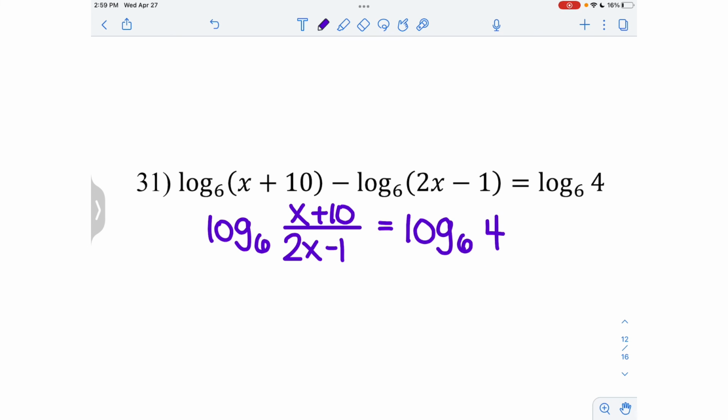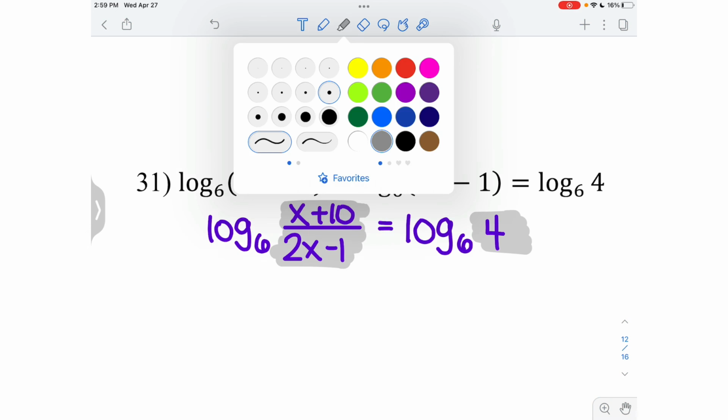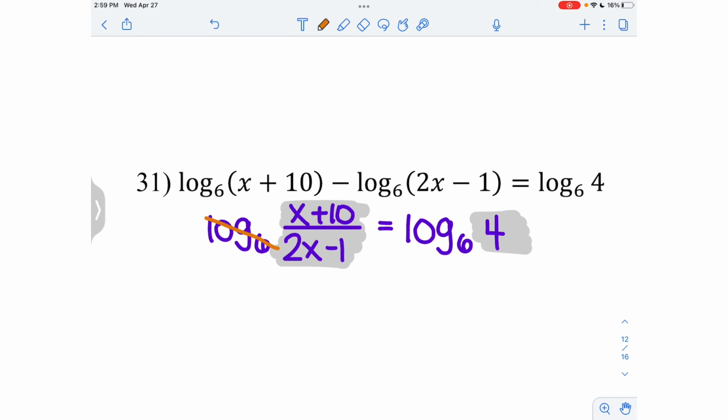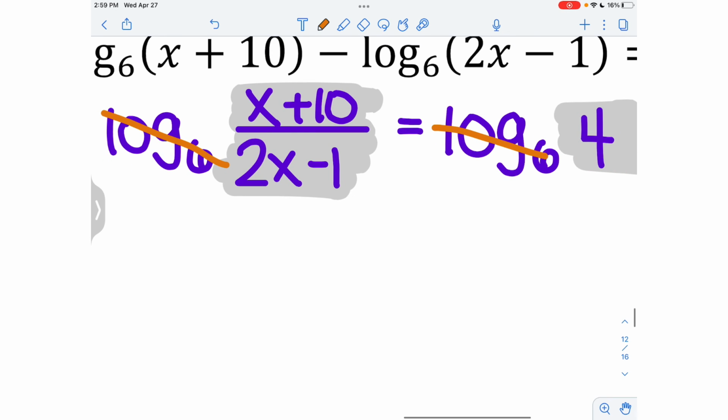So the other reason I wanted to do this is because when I have 1 log on the left and 1 log on the right, it's kind of like they cancel each other out. And you can just set the parts that come after equal.